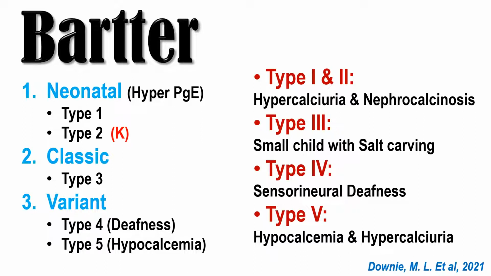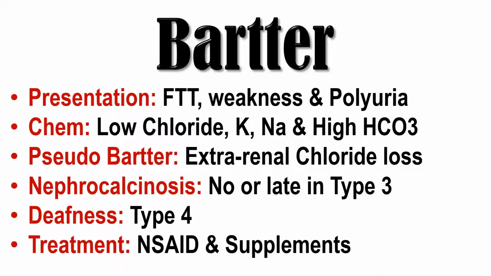The classic Bartter happens in childhood, not in neonates, and presents with salt craving. Type 4 is associated with deafness, and type 5 is associated with hypocalcemia compared to the others. Bartter syndrome is treated with non-steroidal anti-inflammatory drugs plus supplements.